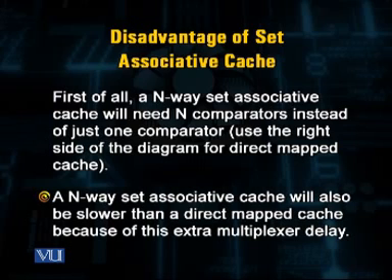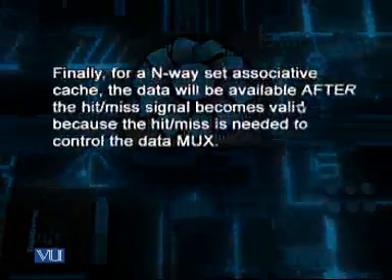Furthermore, the set associative cache includes a multiplexer, and this multiplexer slows down the operation because of the delay introduced in selecting the block from a particular set.